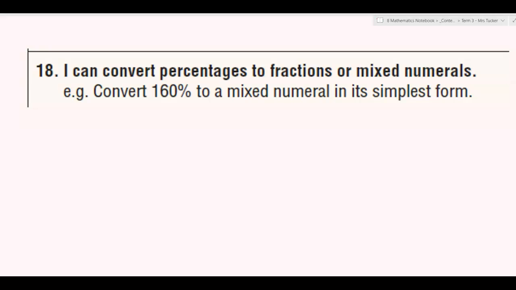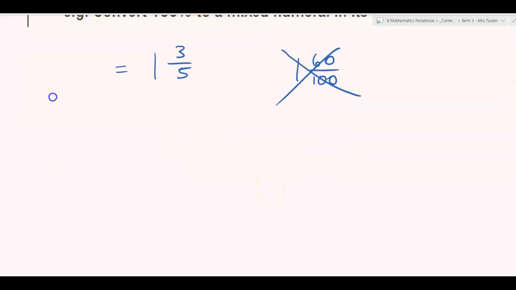All right, have we got an answer? Did we simplify it? Yes. So, 1 and 60 over 100, not acceptable. 1 and 3/5.